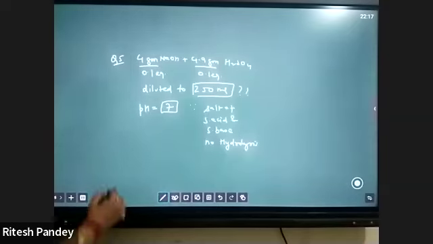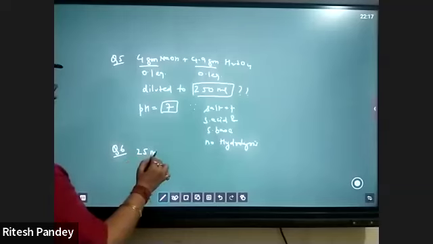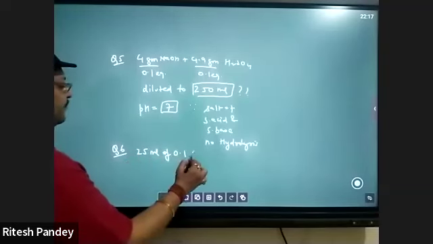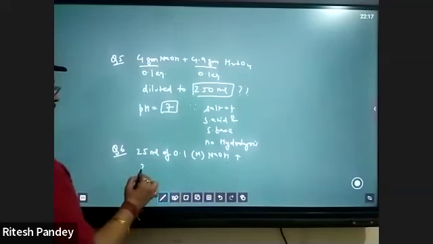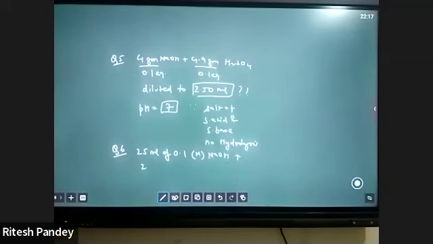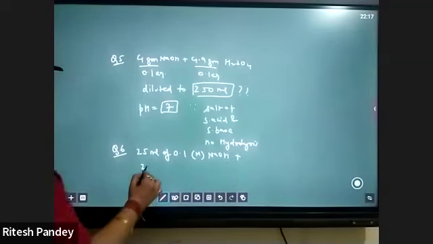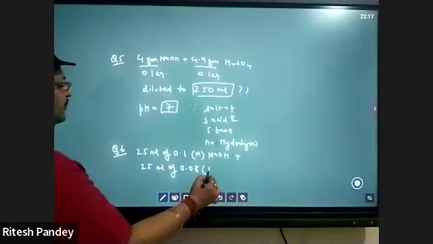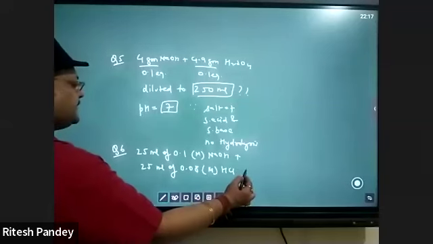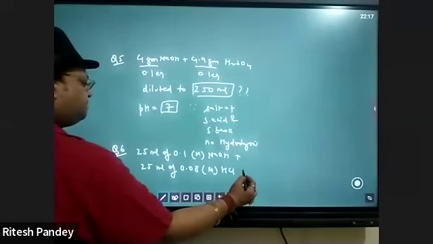The answer should be Bombay 11. 25 ml of 0.1 molar NaOH plus, I think, 25 ml of 0.08 molar HCl. So is the final solution going to be acidic or basic? Logically basic.